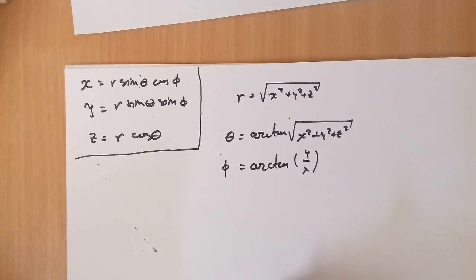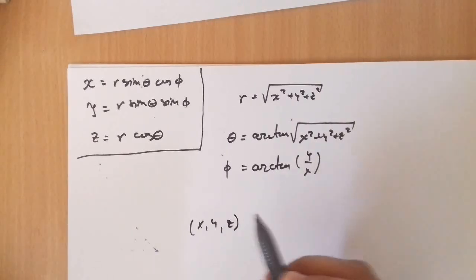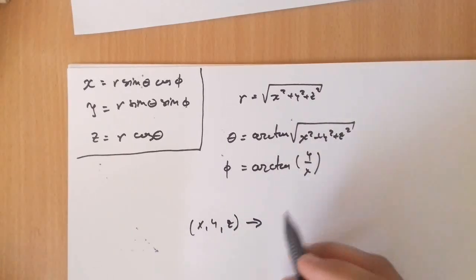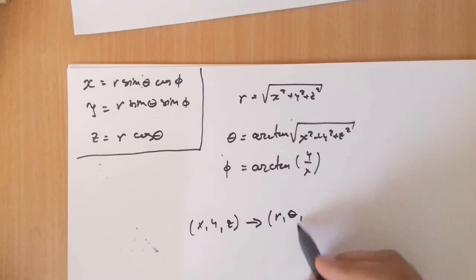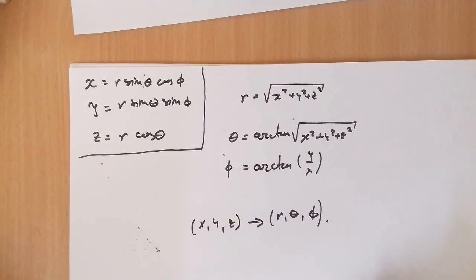So this is the relation between x, y, and z to r, theta, phi. So if you know x, y, and z, you can find r, you can find theta, and you can find phi, and you can substitute in those equations.